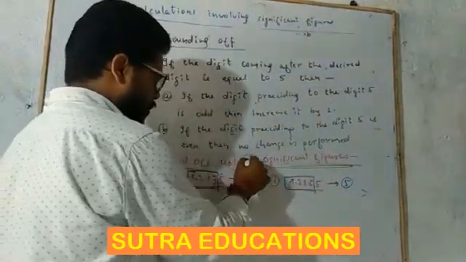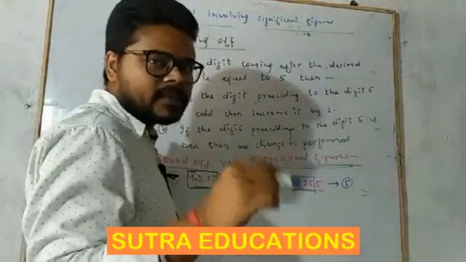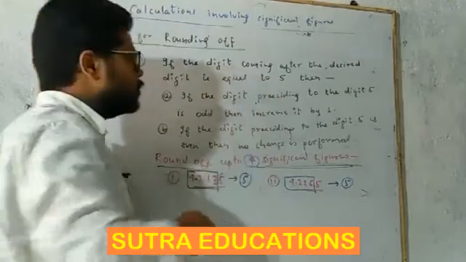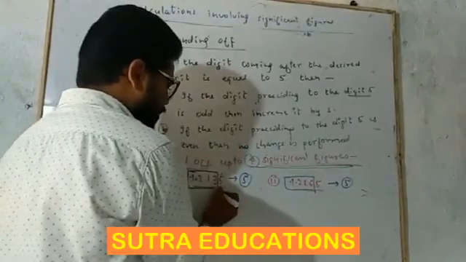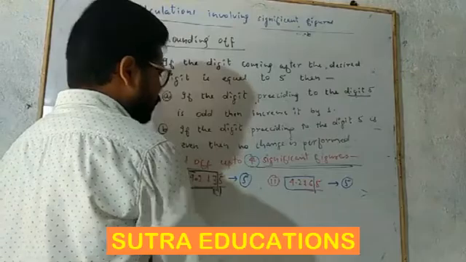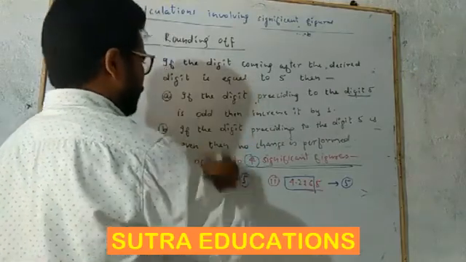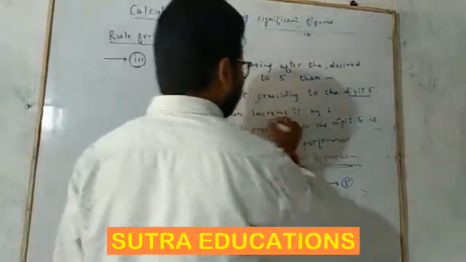So our desired digit here is 7. After the desired digit it is coming 5, and I told you two rules. If the digit preceding the digit 5, here it is 7, is odd, then increase it by 1.